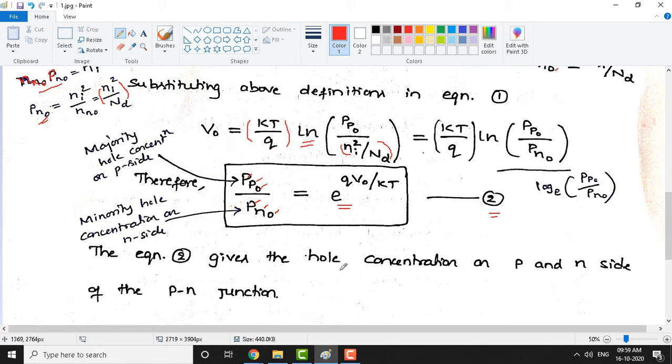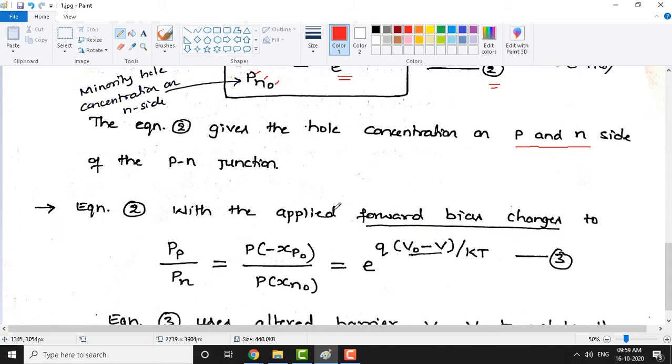So equation 2 gives you the hole concentration on both P and N side. Even though we calculate here the hole concentration on P and N side, a similar equation we can also obtain for electron concentration on both P side and N side. On P side, electron concentration becomes minority, and on N side it becomes majority. So this is what equation 2 tells you.